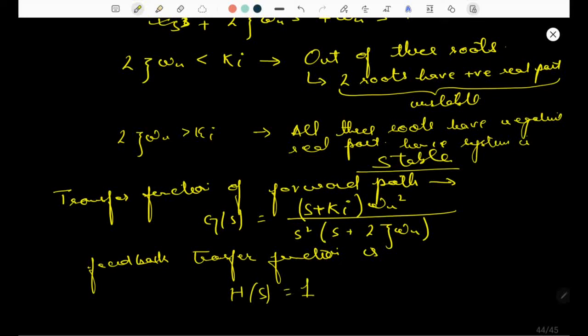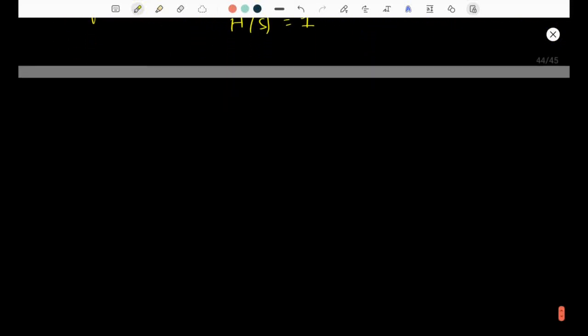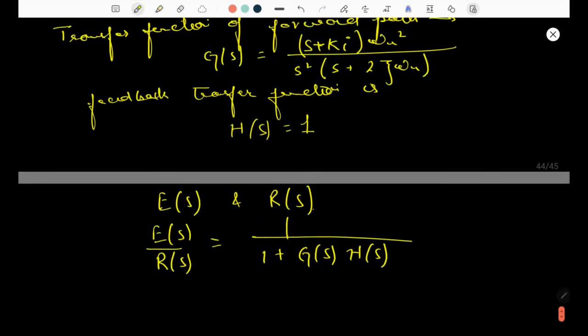Okay, as we did in the derivative control action, if we calculate the transfer function relating E(s) and R(s), then it is given by E(s) upon R(s) equals 1 upon 1 plus G(s) into H(s). The values of G(s) and H(s) are given over here.